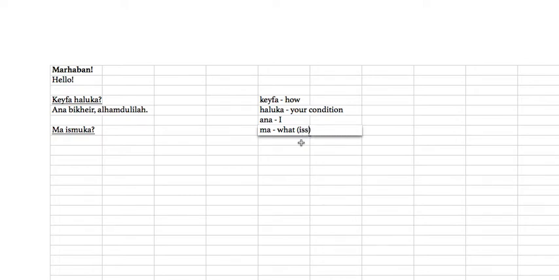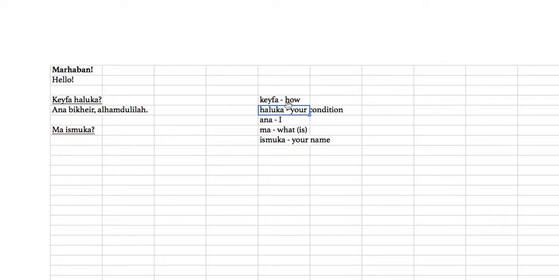And ismuka is your name. Notice, by the way, that haluka means your condition, and ismuka means your name, right? So both translations have your in them.